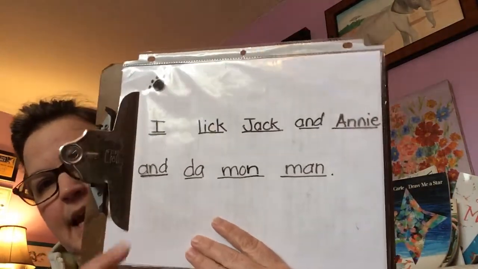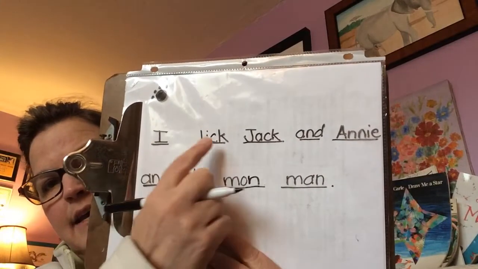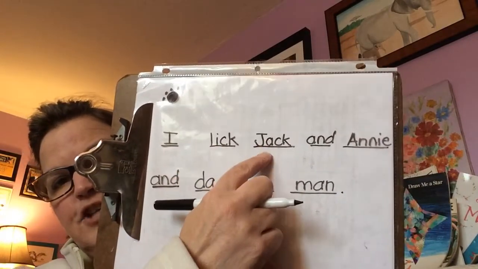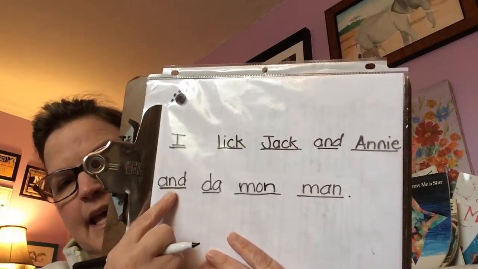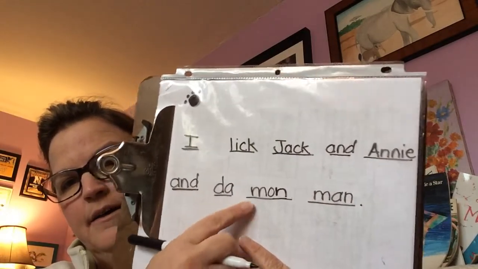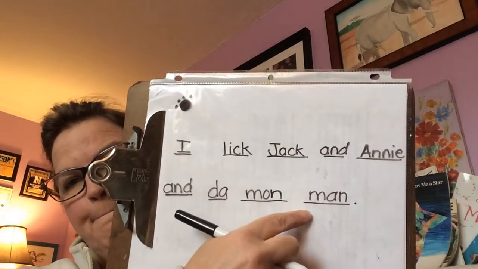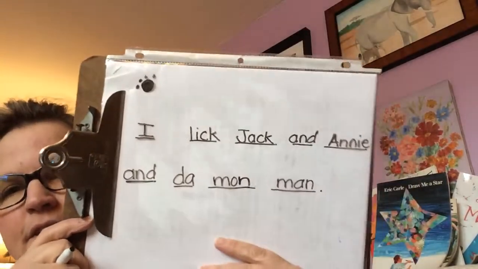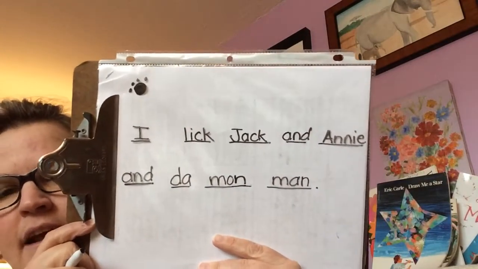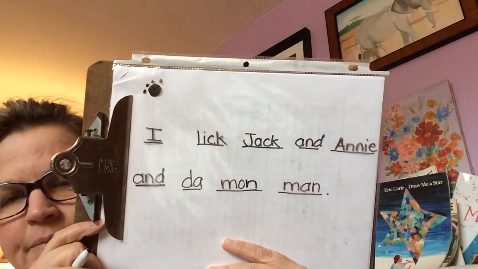Guinness is saying today, I like Jack and Annie and the Moon Man. All right, so take a look at it. See if you can figure out some of the things that are wrong, and then I'll circle them for you.